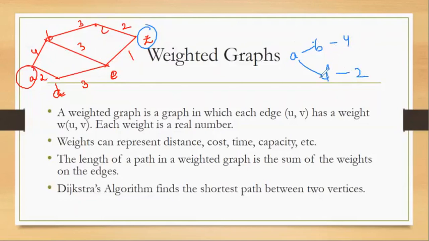In this case, going from A to D is the shortest distance, so I then select D to E and E to Z. D to E gives me the weight 3 and E to Z gives me the weight 1. So the total distance will be 2 plus 3 plus 1, which is 6. So from A to Z, going through the vertices D, E, the path distance is 6.